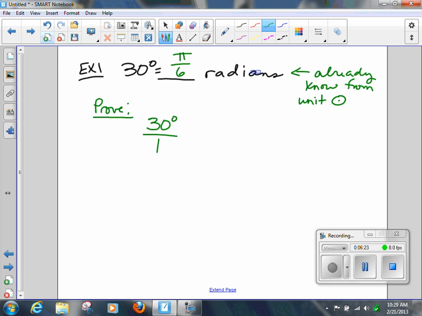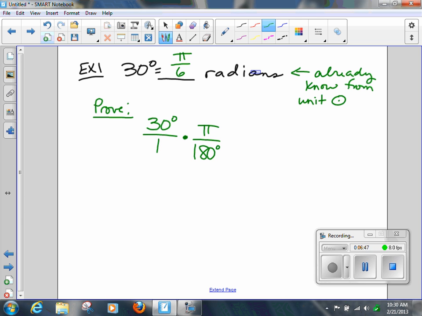Factors are numbers that are multiplied. Now, you're going to see in just a few minutes, there's a reason I want you to have that degree in there. The conversion factor for converting from degrees to radians is what? Pi over 180, right?